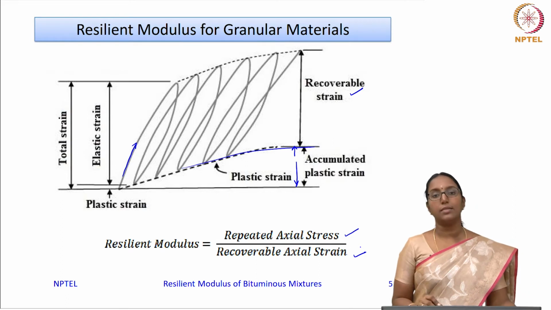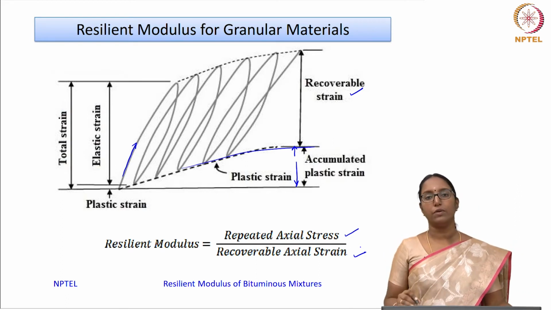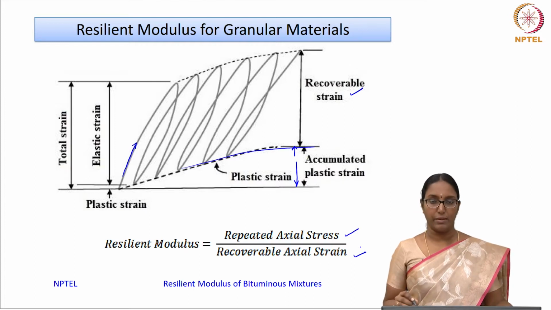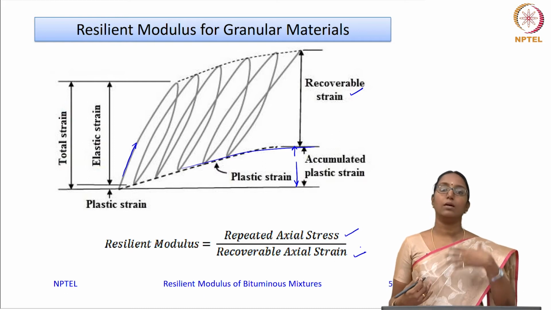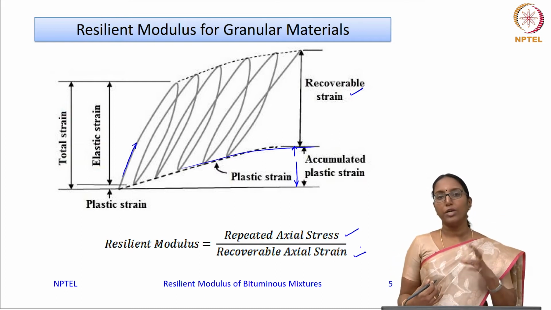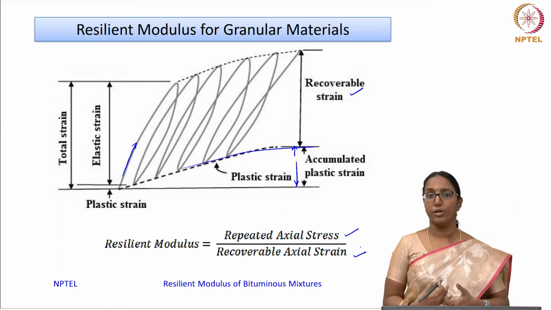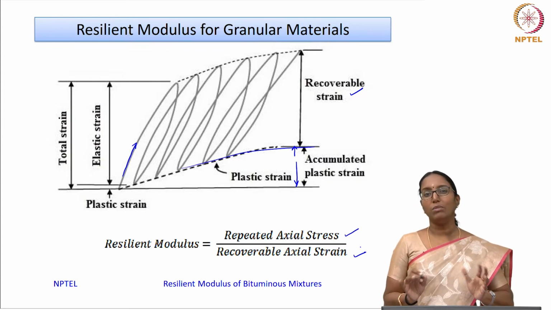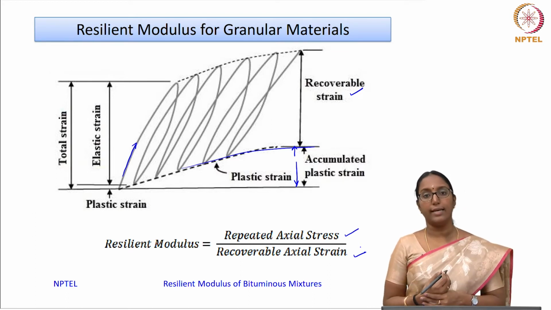Okay. So this is called the resilient modulus, which is what is used to characterize the granular materials. So when one wanted to construct a pavement structure with bituminous layers on top, they wanted to characterize the top layers also using a similar resilient modulus procedure, so that a similar kind of test procedure can be adopted for this material as well.